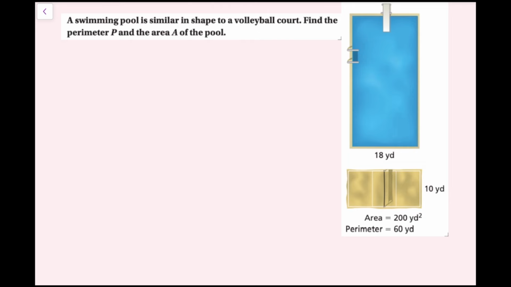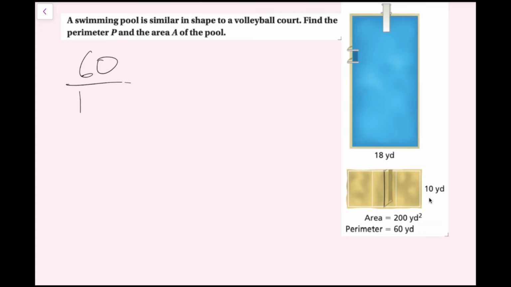The ratio of the side lengths is going to be the same as the ratio of the perimeter. So I'm going to set up a proportion here. Remember, a proportion is just when two ratios are set equal to each other. So the perimeter of the tennis court is 60, and then I'm going to have this go with my 10-yard side length.